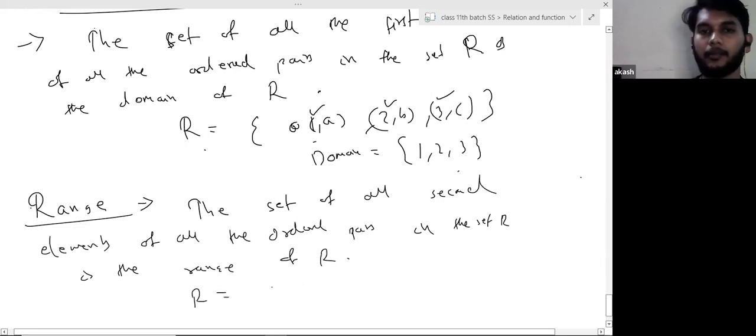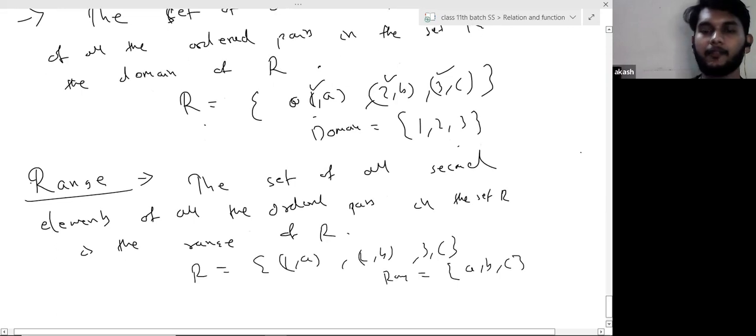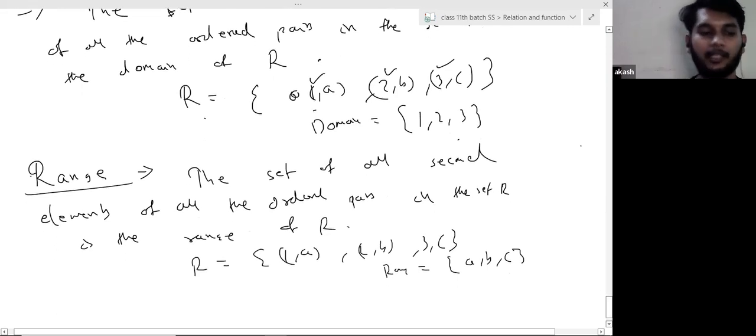For the same example, 1 comma A, 2 comma B, and 3 comma C, the range will be A comma B comma C. The first elements are called domain, second elements are called range.